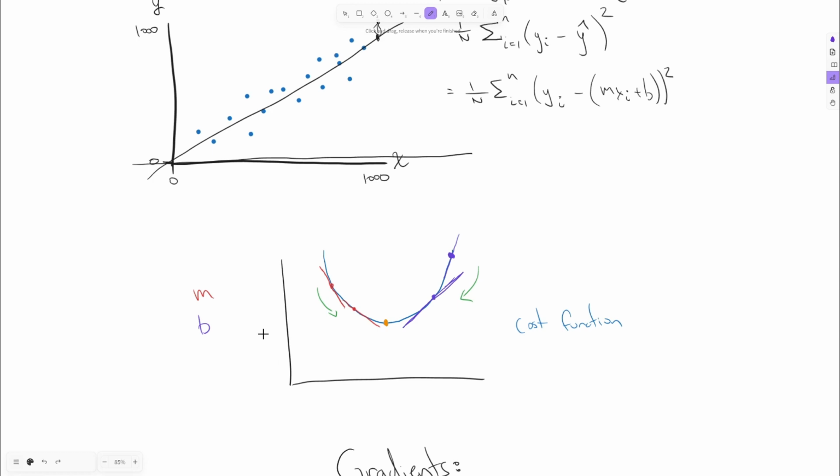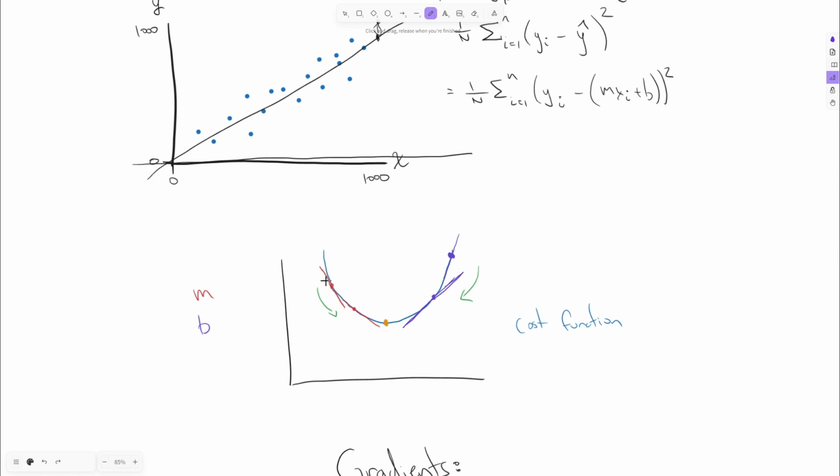And then we want to see, with this slope, if we should decrease m and decrease b, or increase m and increase b. So the slope of the tangent point with respect to m will tell us in which direction we need to travel, do we need to change m basically, to reach this minimum cost function point, this little orange point here.